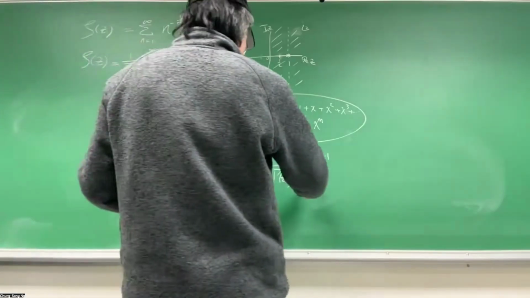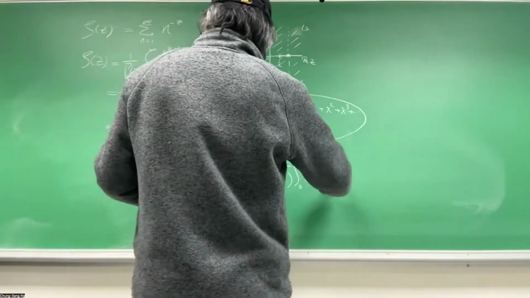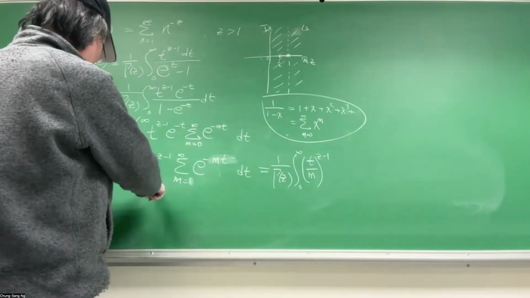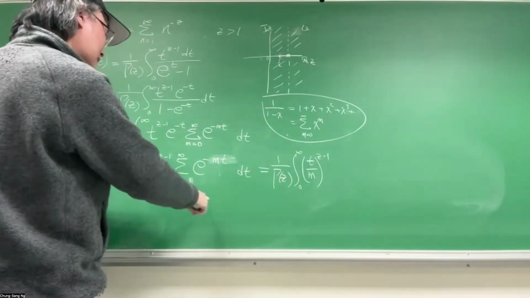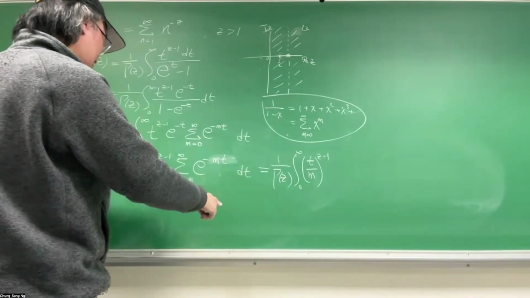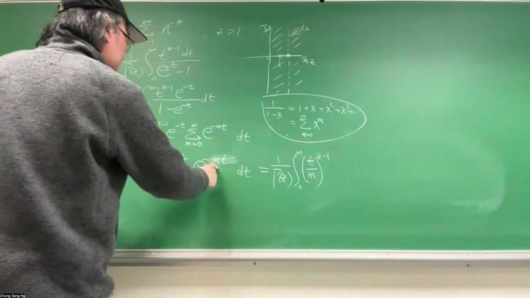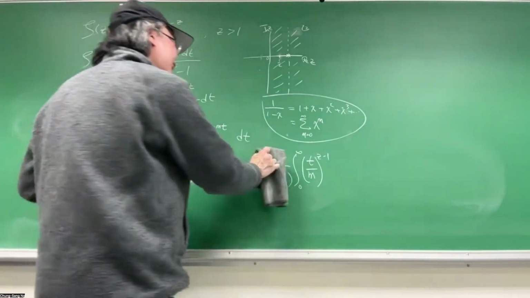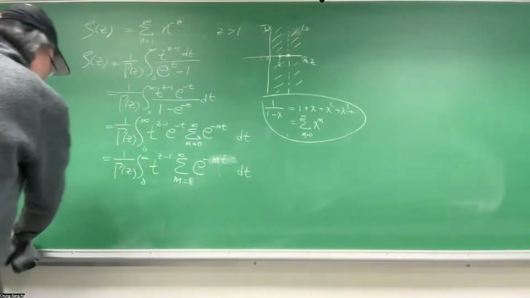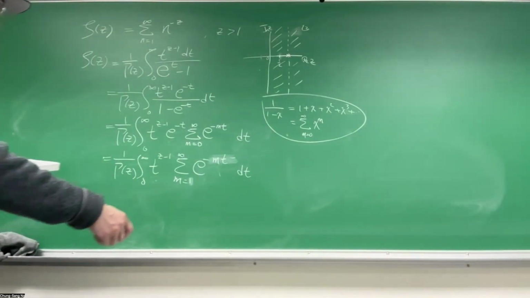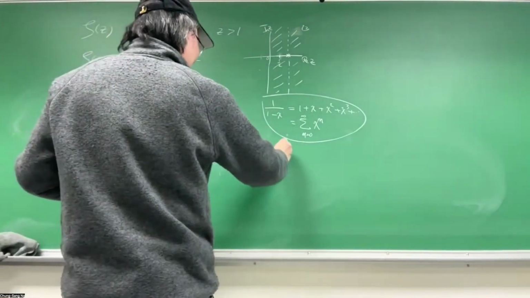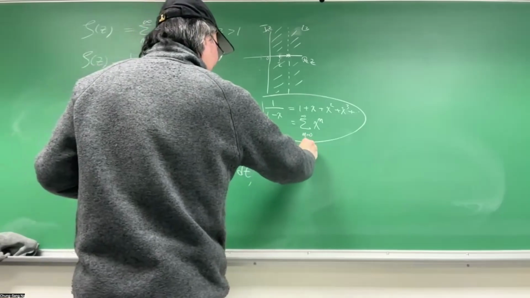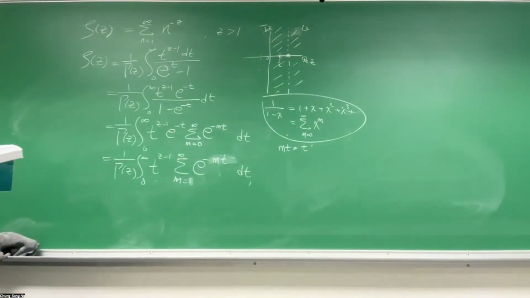The textbook writes it in a way that is not as apparent, trying to do it in one step. The change of variable is basically mt equals t pi.